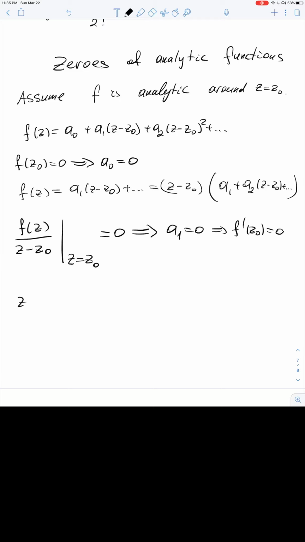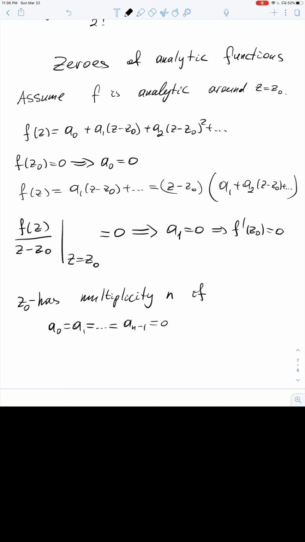So z0 has multiplicity n if a0 equal to a1 equal to and so on up to an minus 1 are zeros.